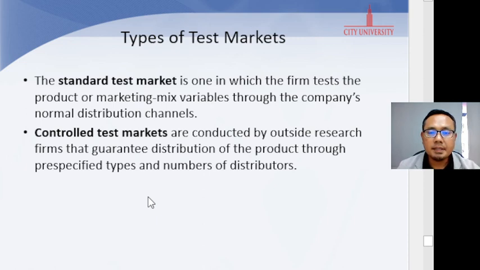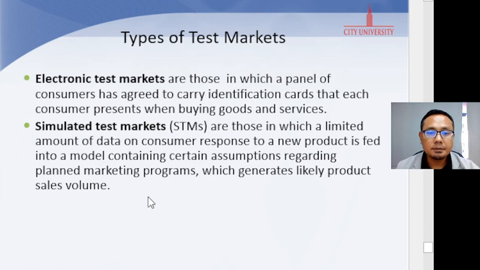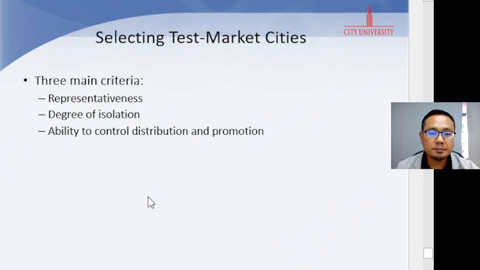Okay, this is just an example for marketing research. Electronic test marketing, simulated test market, right? If you want to do a study, you have to identify the place that can represent it, and the degree of isolation and ability to control the distribution and promotion.